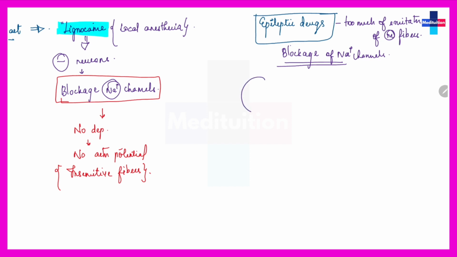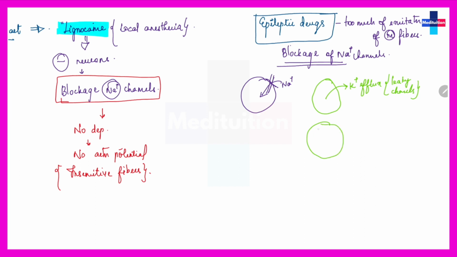Once these sodium channels are blocked, I am blocking the sodium influx. So what happens? Once the sodium influx is blocked, potassium efflux is started. Why? As such they are leaky channels. Once this potassium efflux is started, obviously inside there will be more negativity and outside more positivity. This is a kind of resting membrane potential.